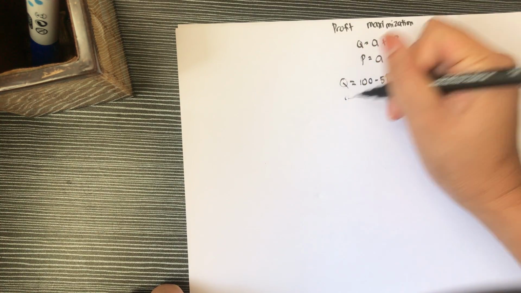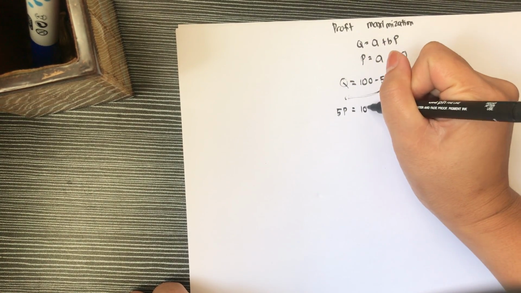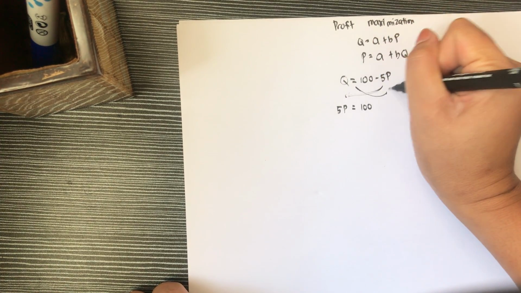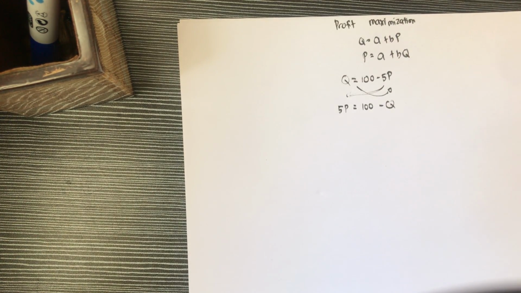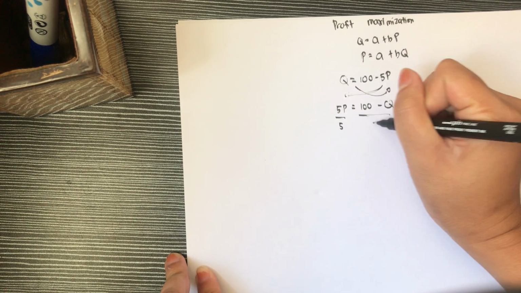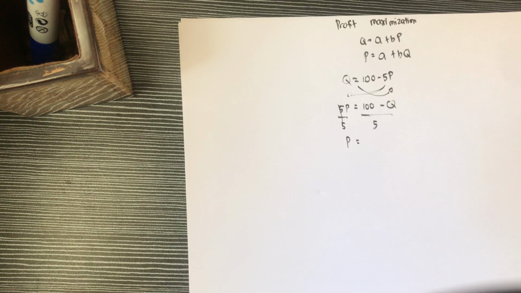So this is what we're going to do. We will transpose. So this will become positive 5P equals 100, the minus will still be there, and then Q will be transposed to the other side. It will become negative Q. Okay, and we go then further by dividing both sides by 5. So this is P is equal to, please solve.